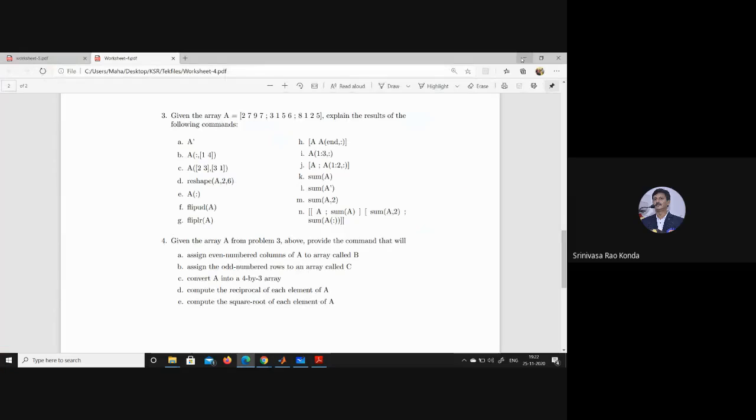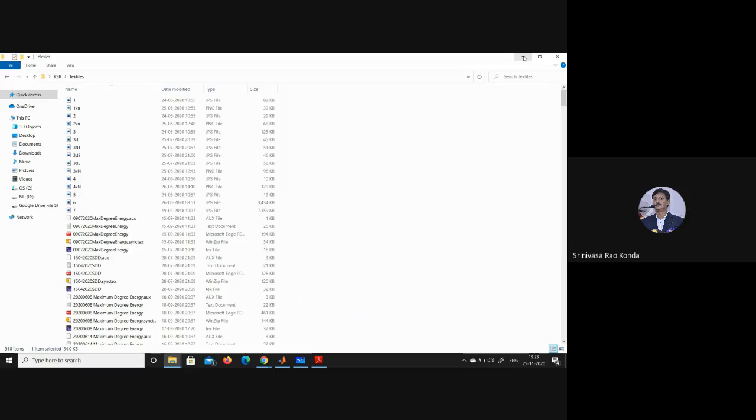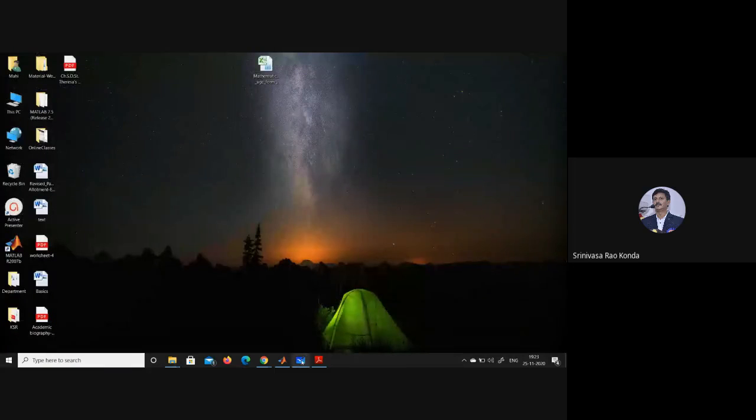Because most of the time we will generate sin x by x, sin 1 by x curves like that. Tan x curve.